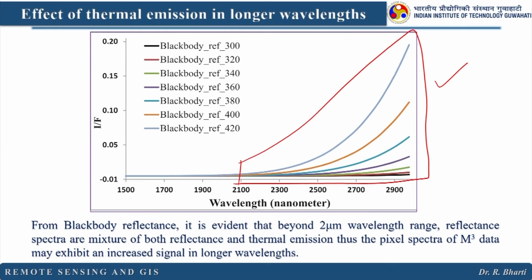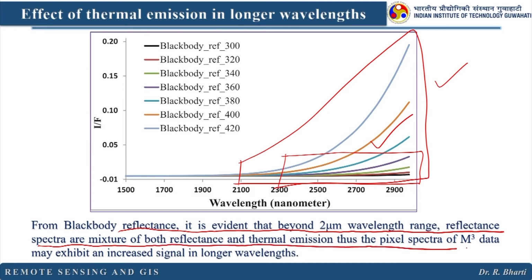Though we are having this data, it indicates this particular wavelength region is not free from thermal emission, right. So from black body reflectance, it is evident that beyond 2 micrometer wavelength range, reflectance spectra are a mix of both reflectance and thermal emission. Thus the pixel spectra of M cube data may exhibit an increased signal in longer wavelength, right.